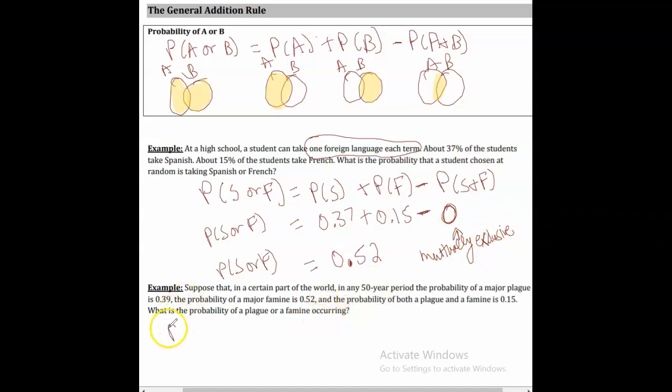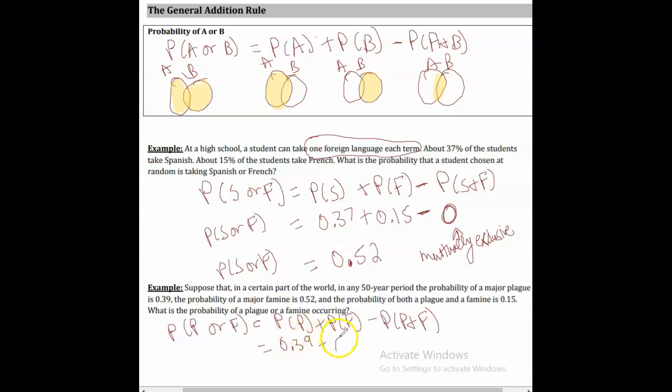So this one's a probability of a plague or a famine occurring. We want the probability of a plague plus the probability of a famine minus the probability of a plague and famine. In this situation it tells us a plague is 39%.